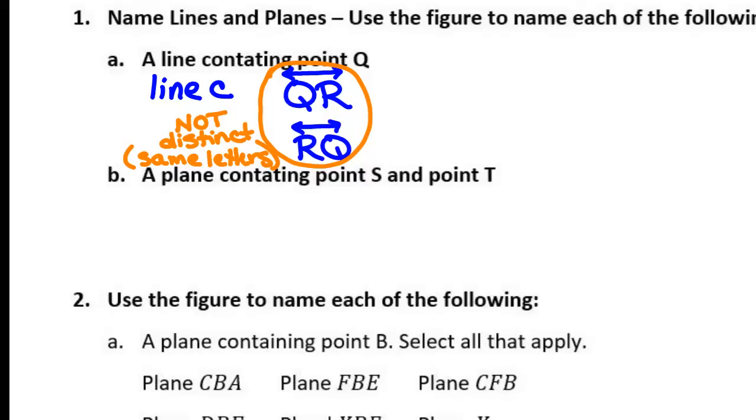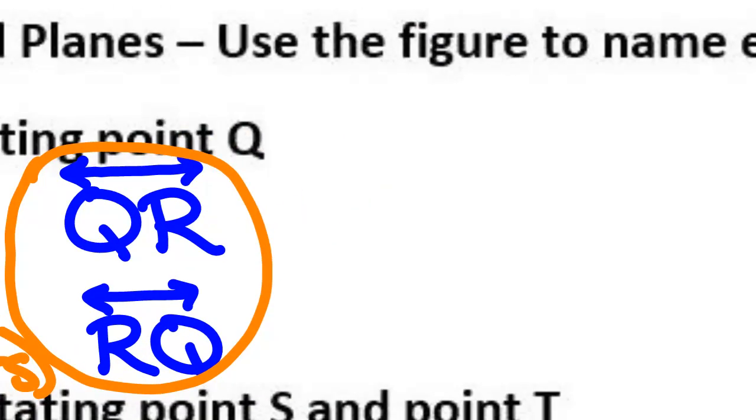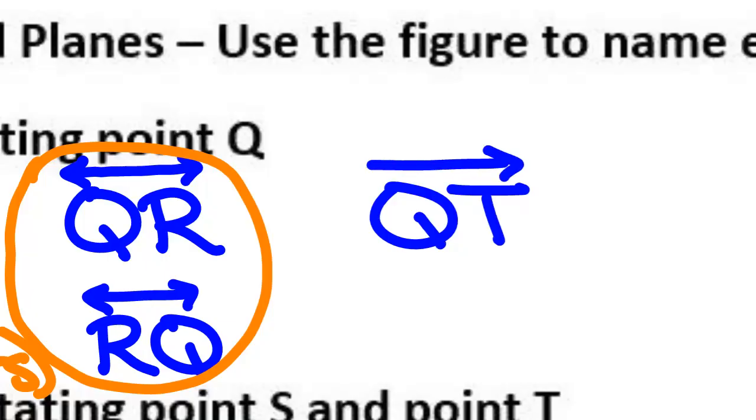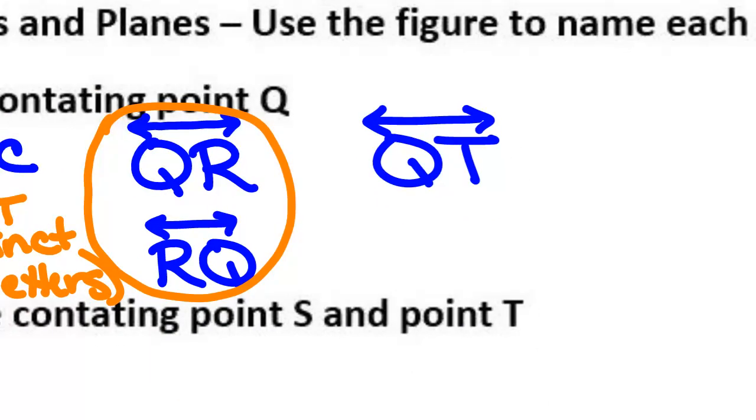All right, so I could call this QR. I could also call this QT, not QR, QT. That still contains point Q. Or we could do TQ instead of QT.